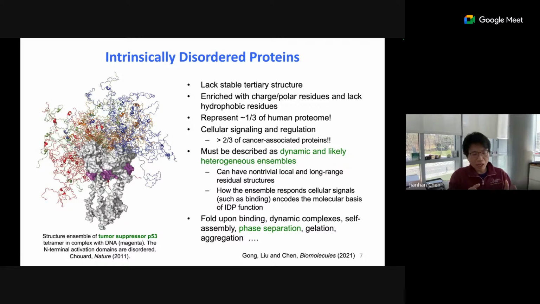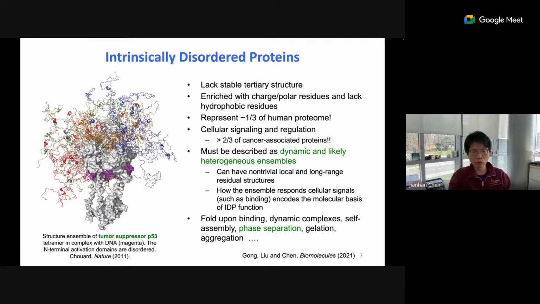How these proteins perform their function is encoded in the manner in which these ensembles respond to different cellular signals, such as binding of a cofactor or binding a drug. How the ensemble responds to these different perturbations encodes the molecular basis of how IDPs function.